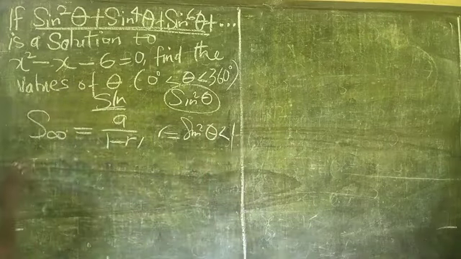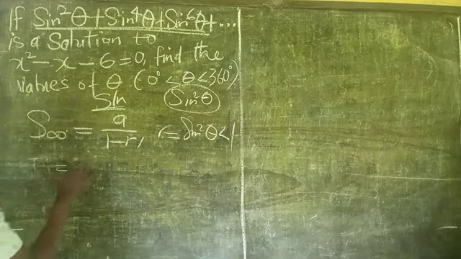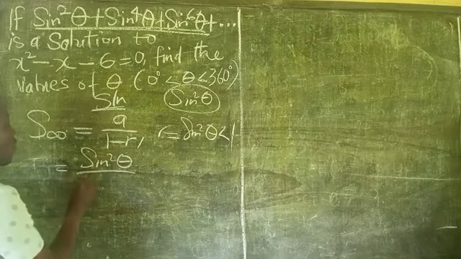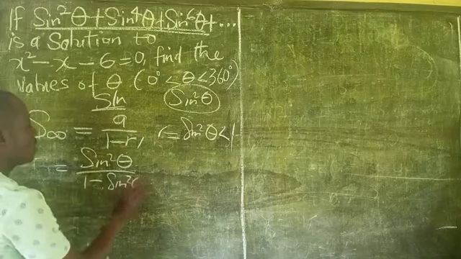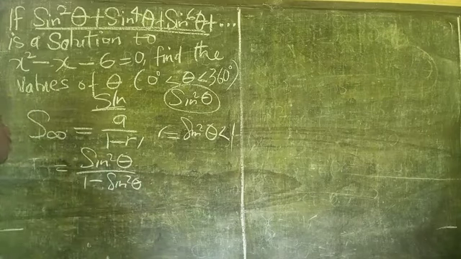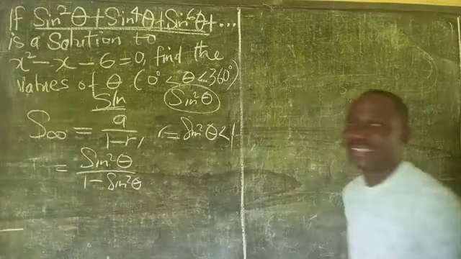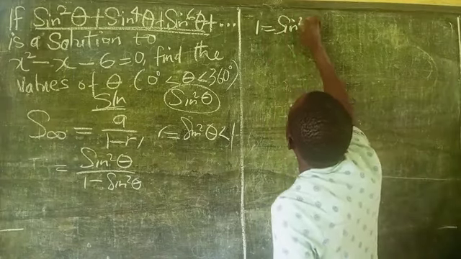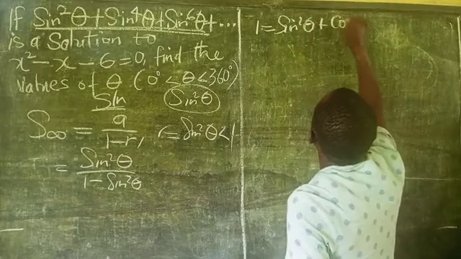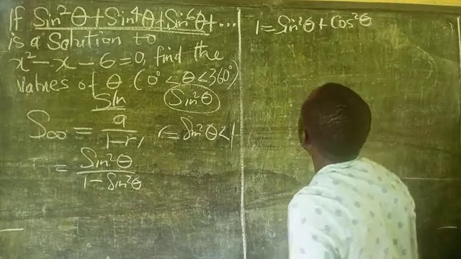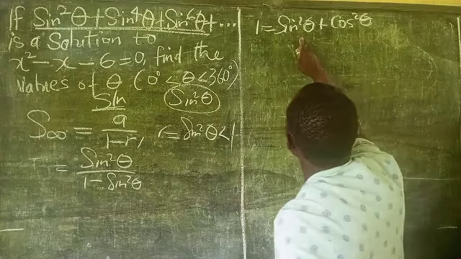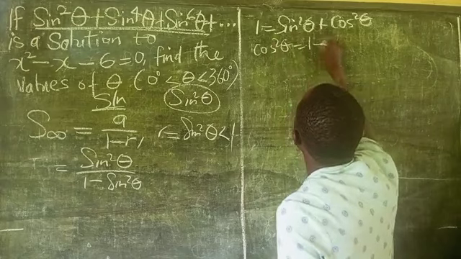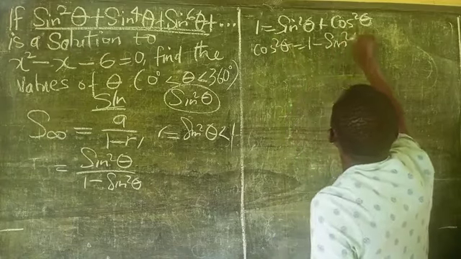So if we continue and put our values here, the sum to infinity will be sine square theta all over 1 minus sine square theta. But from our trigonometric identity, we have 1 equal to sine square theta plus cos square theta, so cos square theta is 1 minus sine square theta.